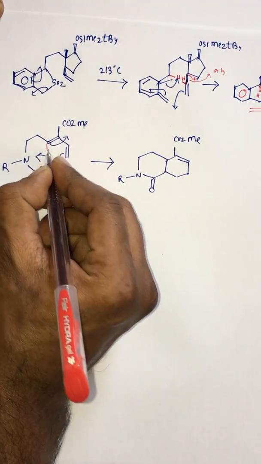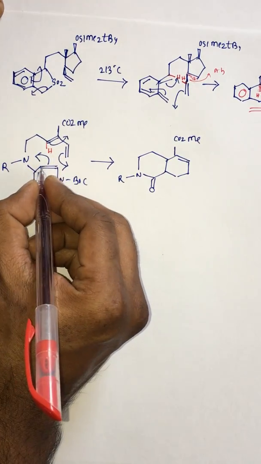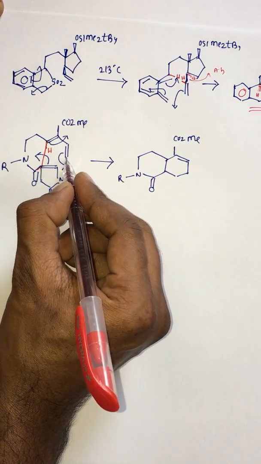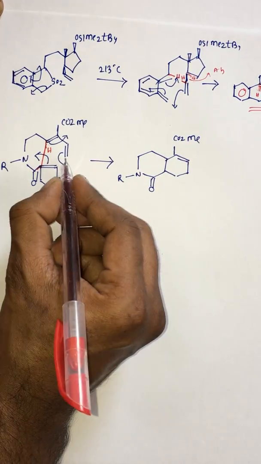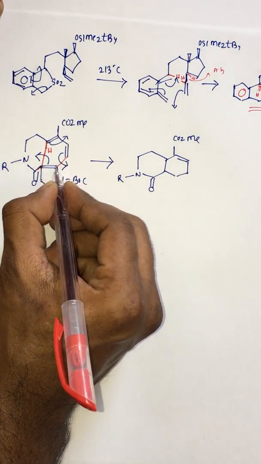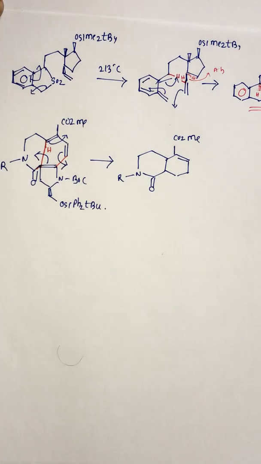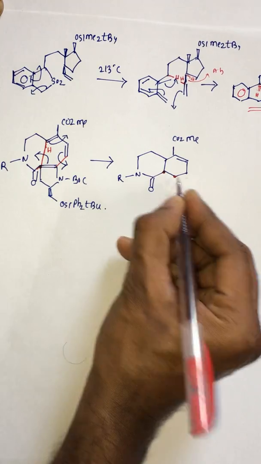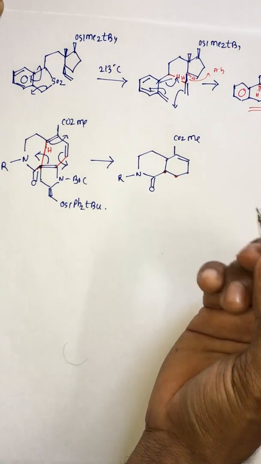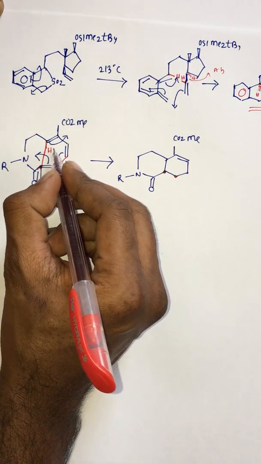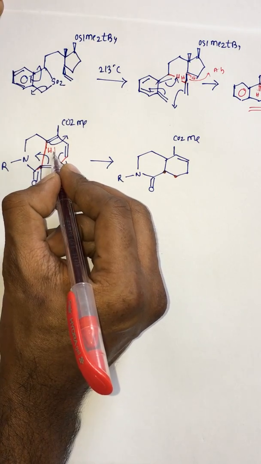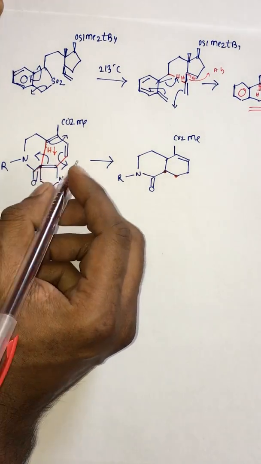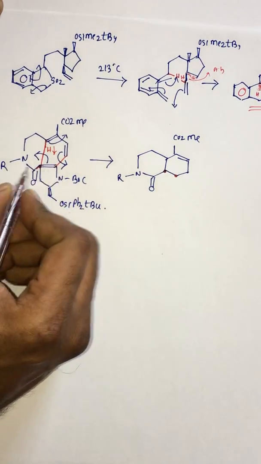Okay, now see here, this hydrogen is coming down, and this, see, this is a bridge here, right? Now it has to be like this. That means these two carbons are present here and here. So this is coming downwards, and here actually the orientation whatever I have written is wrong.